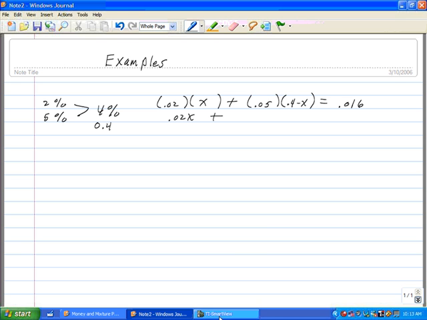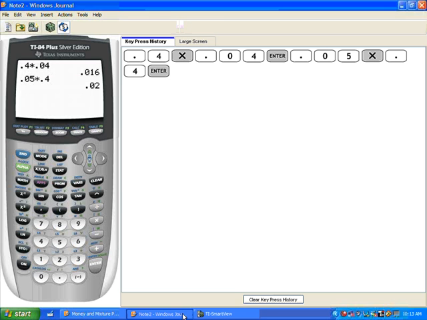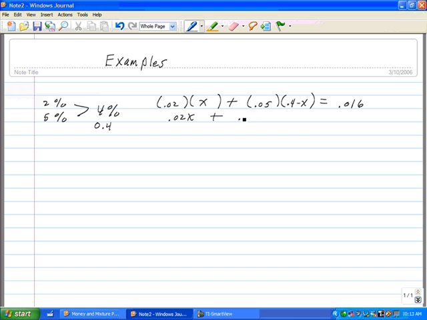And again for our multiplication, 0.05 times 0.4 is 0.02 minus 0.05x equals the 0.016. Combining like terms.